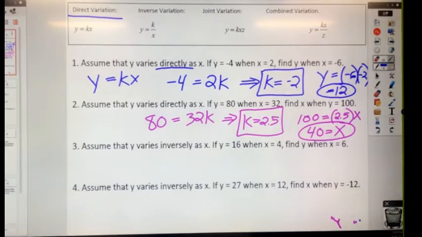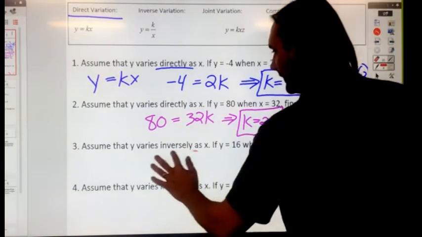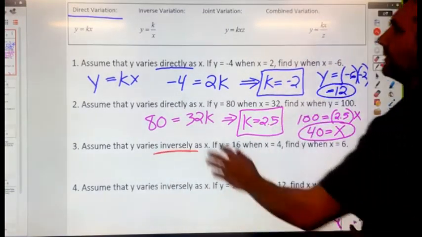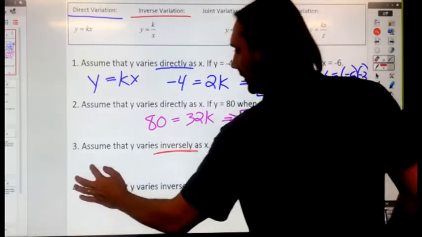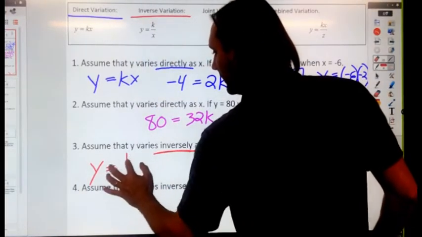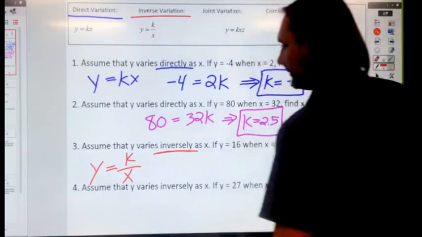Assume that y varies inversely as x. If y equals 16 and x is 4, find y when x is 6. So now, my keyword here is inversely related. So I'm going to use my inverse formula. y equals k over x.